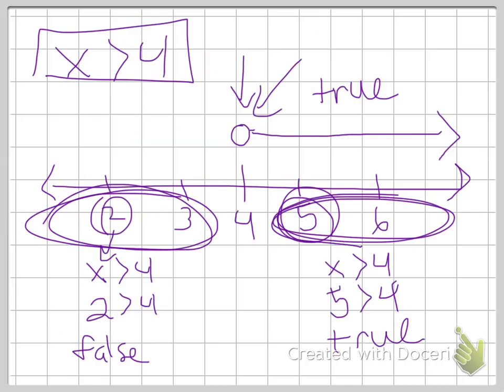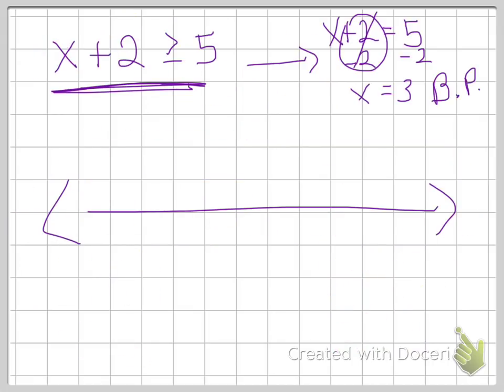So we have our boundary points that separate the true from the false. So this means that 3 is going to separate my trues and falses. Now I can follow the same steps that I've done before. This symbol means that I should be using a closed circle. So I'm going to put a closed circle right above 3.